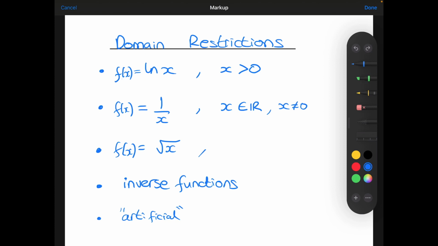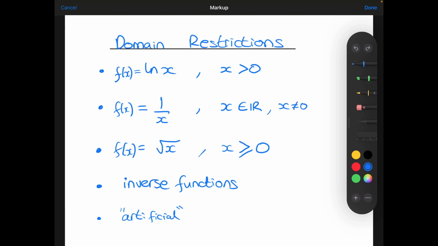So I'm going to restrict the domain by saying that x has to be greater than or equal to 0. It could equal 0. I can do the square root of 0, but I can't do the square root of negative numbers. So by restricting the domain, by saying that x is greater than or equal to 0, I can now substitute every value of the domain into this rule, so it is a function.